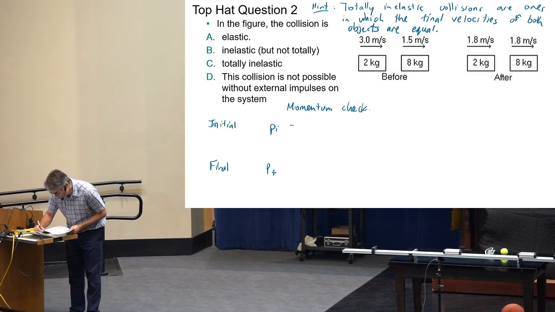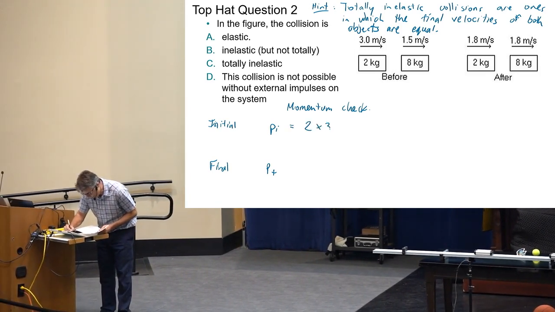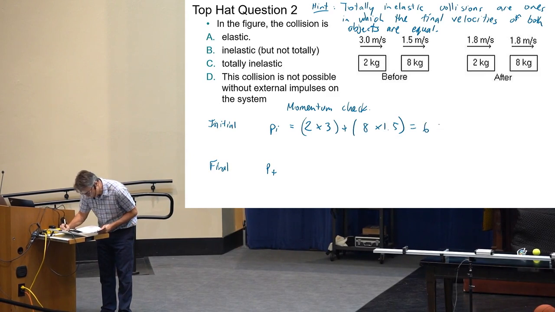Before the collision, the initial momentum is 2 times 3 plus 8 times 1.5. So that's 6 plus 12. So P initial is plus 18 kilogram meters per second. And then P final is going to be 2 times 1.8 plus 8 times 1.8. I definitely had to do that on my calculator.